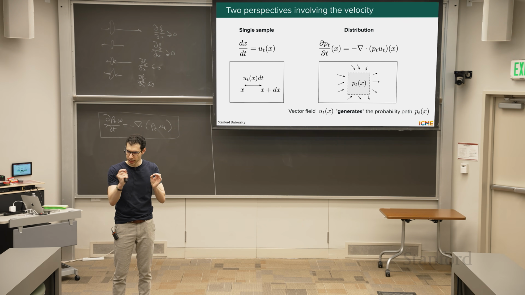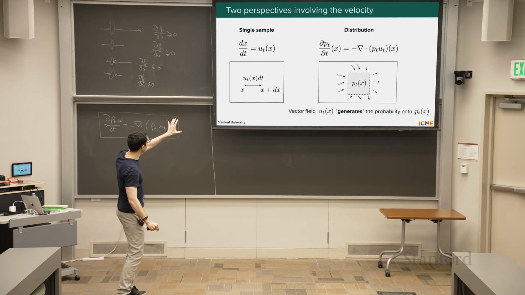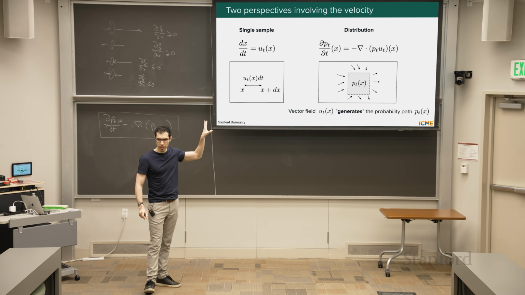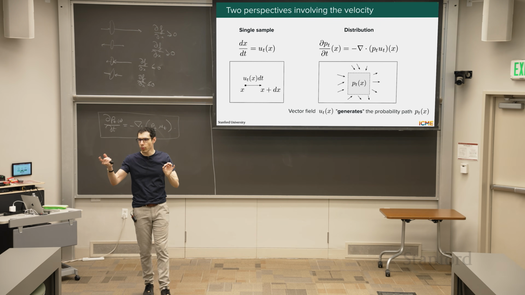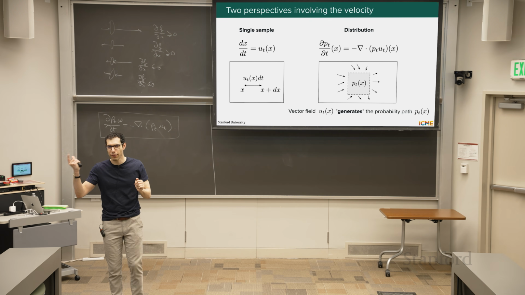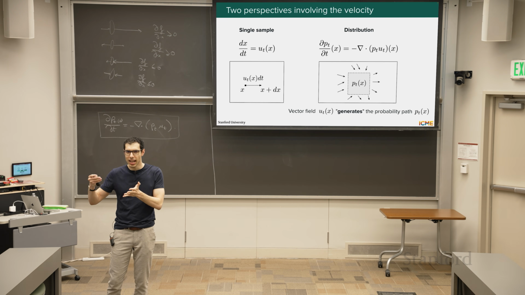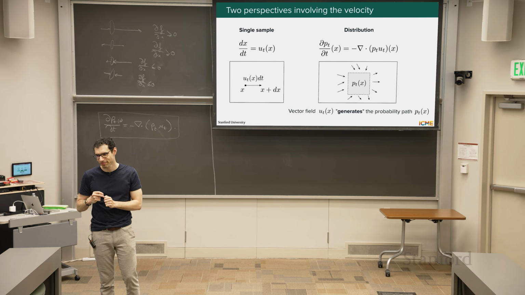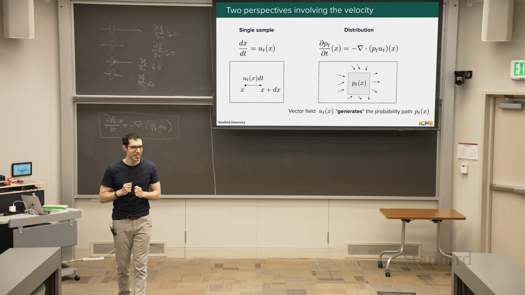And if you know u_t, that means you can solve this equation in order to find x1. And x1 by definition will be as if it was sampled from P1. So that's the idea.